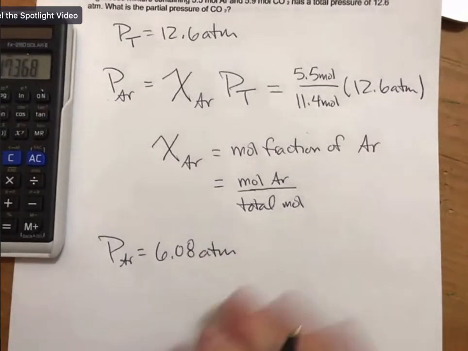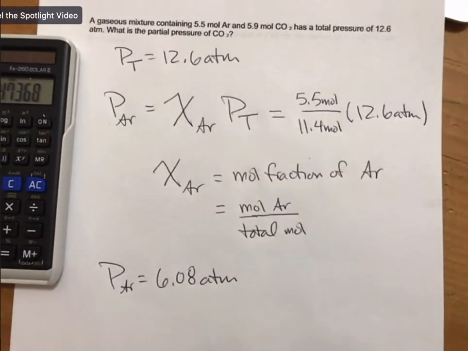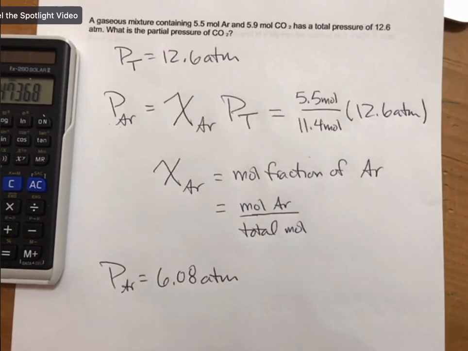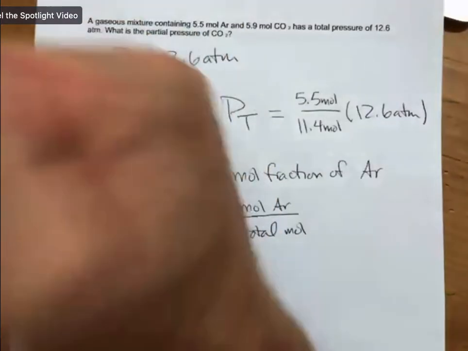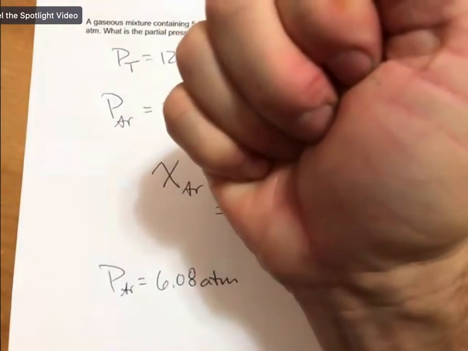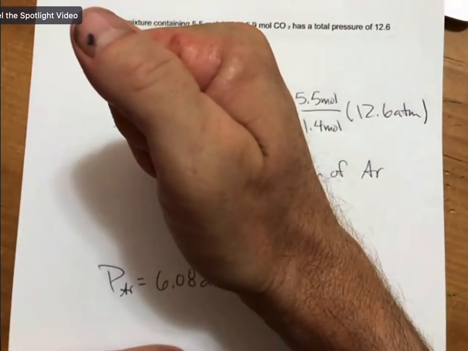And what I like about this problem, or what you might like about this problem, is it's pretty straightforward. However, it reflects the idea that of the total pressure, and total pressure or pressure in general exists because molecules are hitting surfaces and each of those collisions creates pressure.